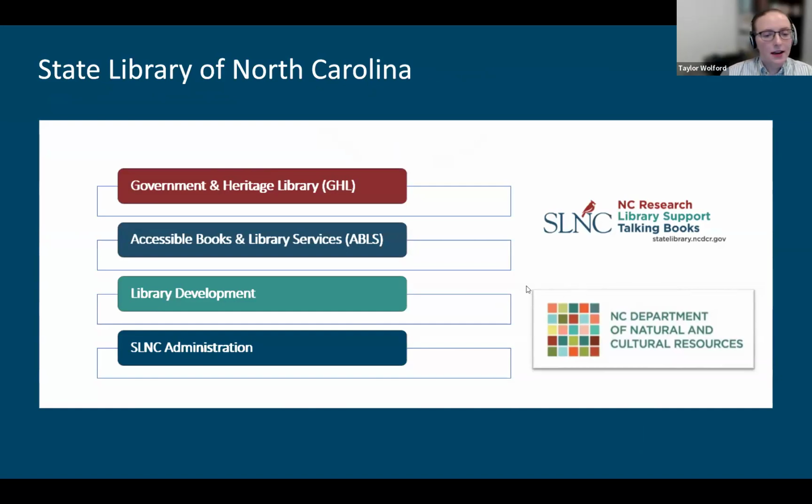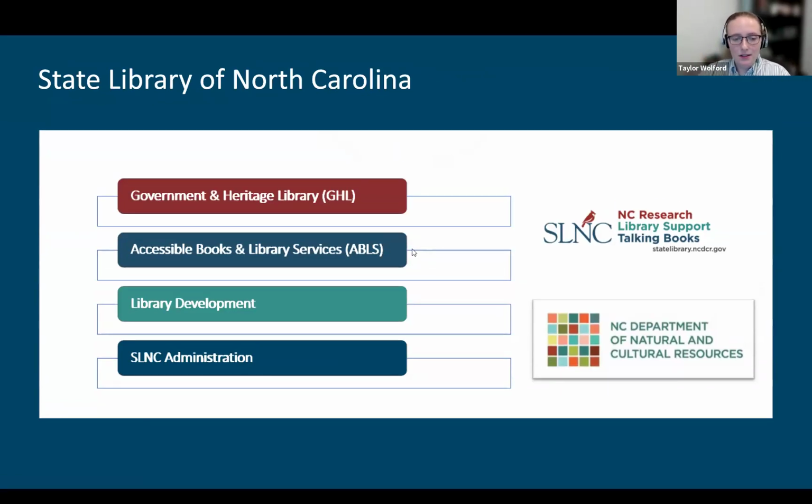Okay. So a little bit of overview about the different departments of the State Library. We have the Government Heritage Library, which is where Beth and I work. Accessible Books and Library Services, which I cannot emphasize enough, is a great library to utilize and to talk to your patrons about. Accessible Books and Library Services is an actual physical library location managed by the State Library of North Carolina that provides access to print materials in Braille for the visually impaired.